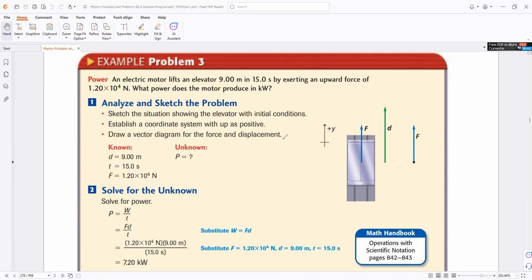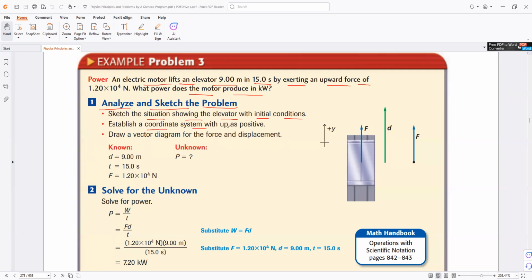So now see how to solve a problem. They're saying analyze and sketch the problem. That is what the FBD is. See that an electric motor lifts an elevator 9 meters in 15 seconds by exerting an upward force. So the elevator, they are drawing the upward force, displacement and force. And what is the power of the motor? So sketch the situation showing the elevator with the initial condition.